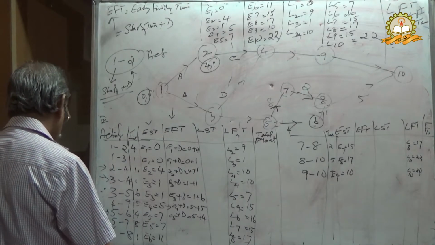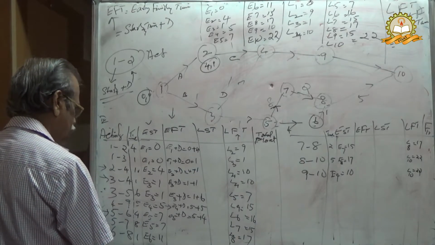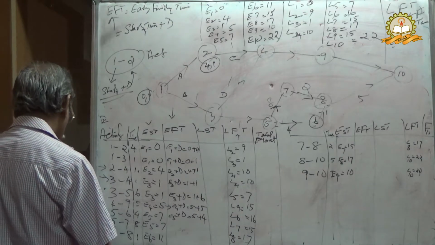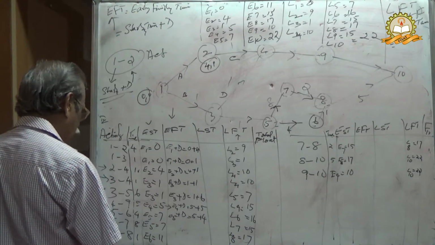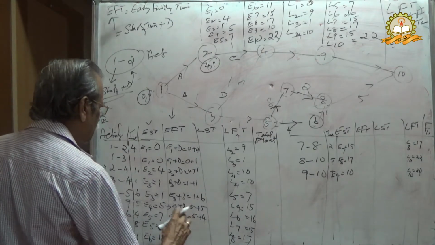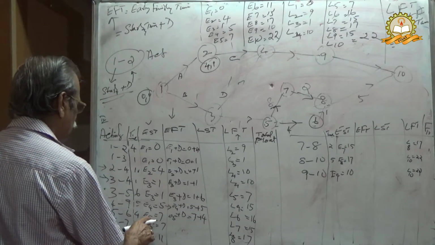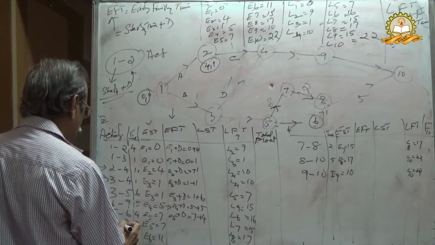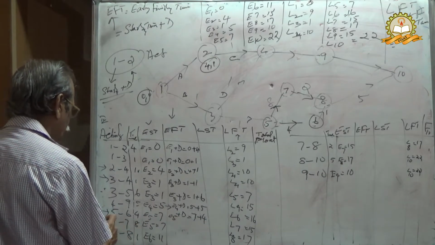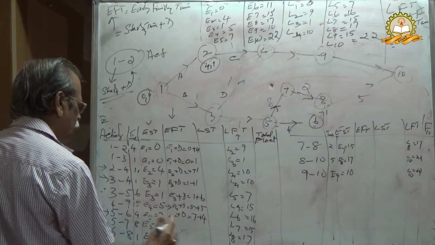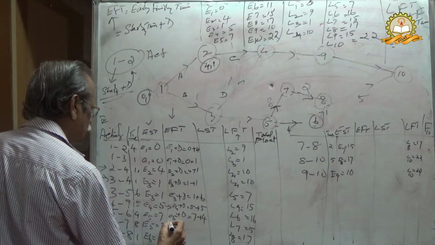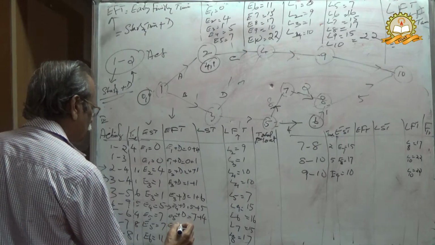5 6. Duration is 4. E5 is 7, gentlemen. 7 plus 4. E5 is 7 plus, then 5 6. E5 you can write E5 plus duration.